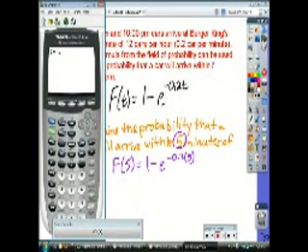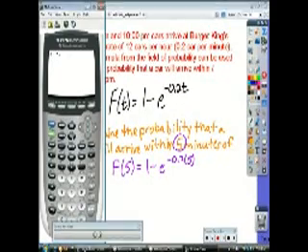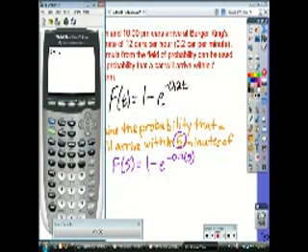Okay, let's try to clear this off. Okay, we need the e, negative 0.2 times 5.